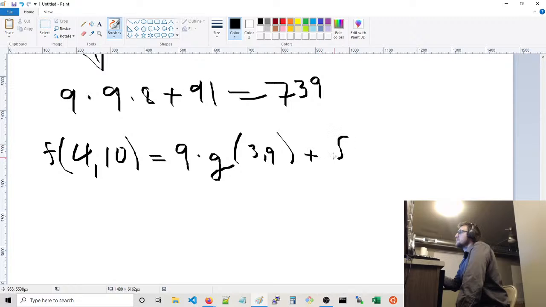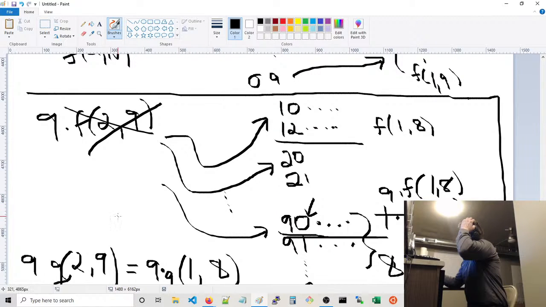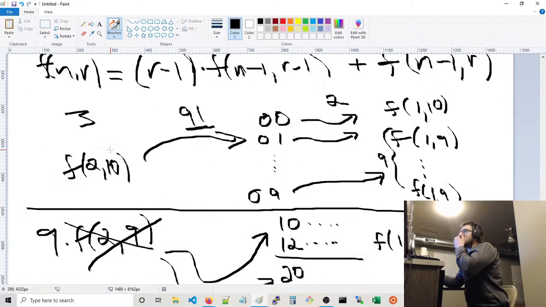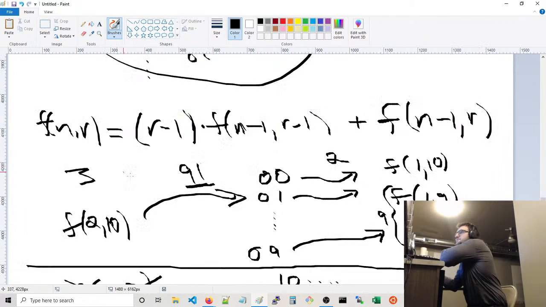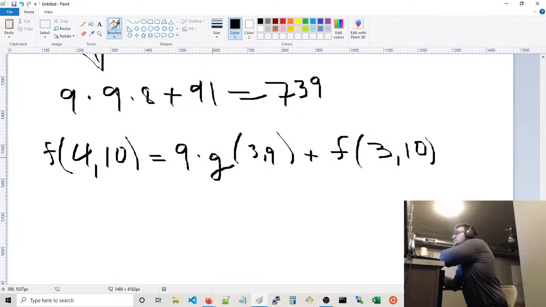Plus f of 3, 10. I think so. Which is f of 3, 10, which we said is 739.